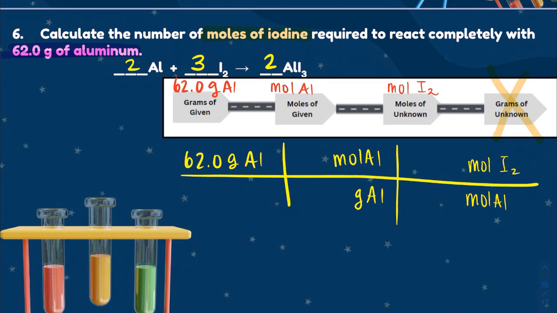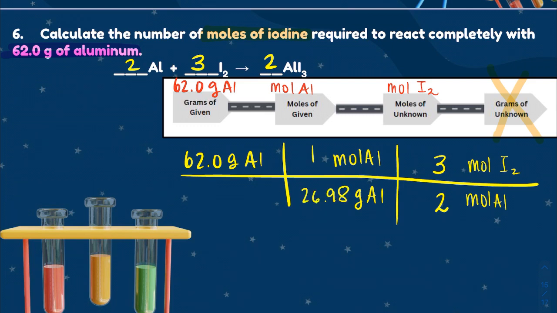My final conversion over here is mole to mole, so I'm going to grab the coefficients. Iodine has a coefficient of 3, and aluminum has a coefficient of 2. The middle conversion factor here is moles to grams, so I'm going to use 1 mole equals the molar mass in grams. So 1 mole of aluminum has a molar mass of, we're going to check the periodic table, 26.98.